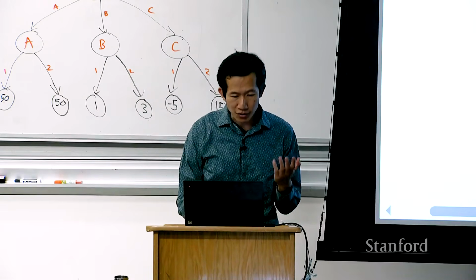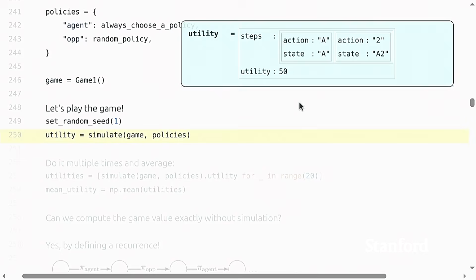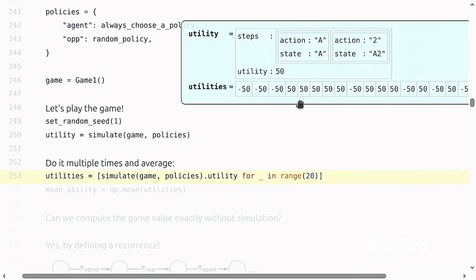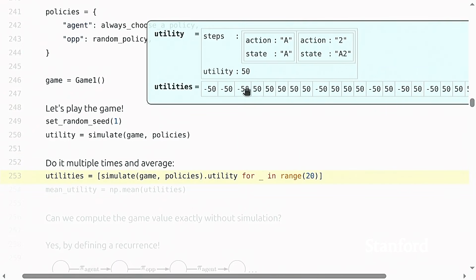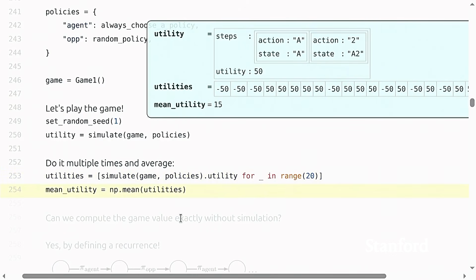Okay, so that is one rollout. And if I do it multiple times, you'll see that sometimes I get minus 50, sometimes I get 50, and the average of all of that is 15.